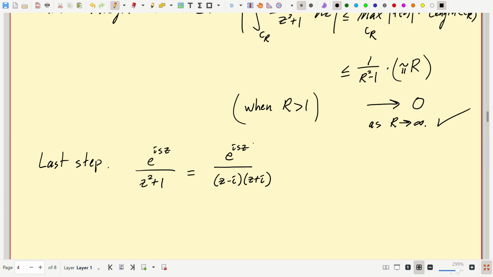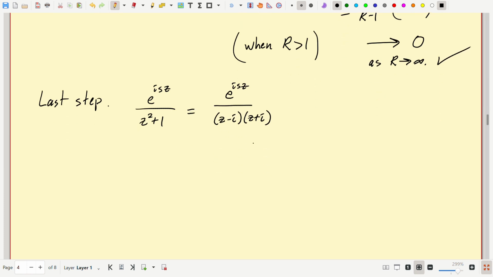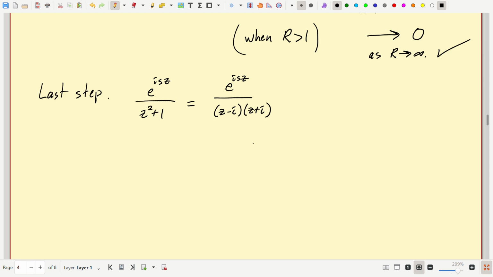And if I want the Laurent expansion, I can play around with series and get it. Here's how you do it. I pull out the 1 over z minus i. And what's left is something nice and analytic inside and on the everywhere.